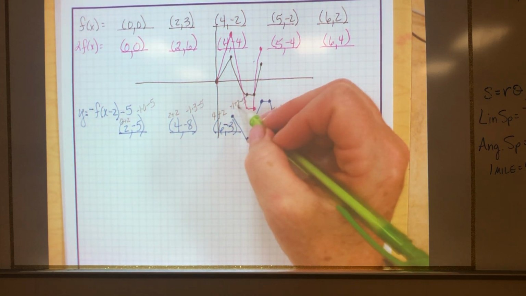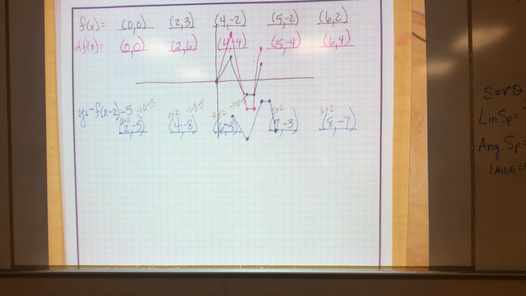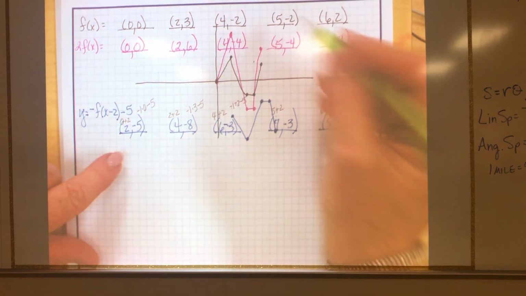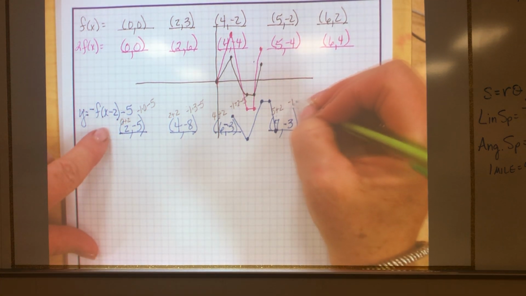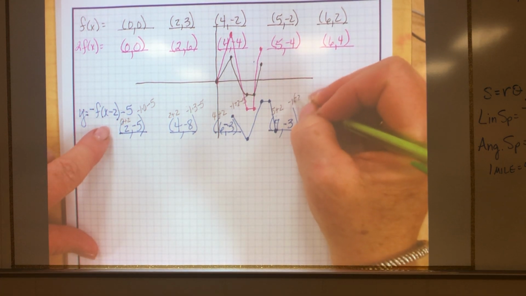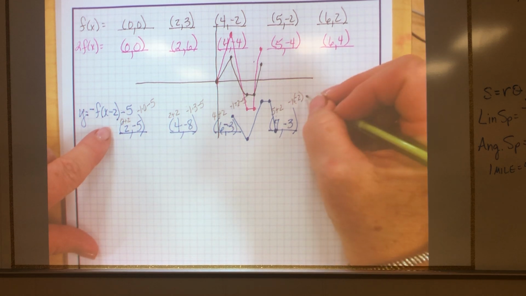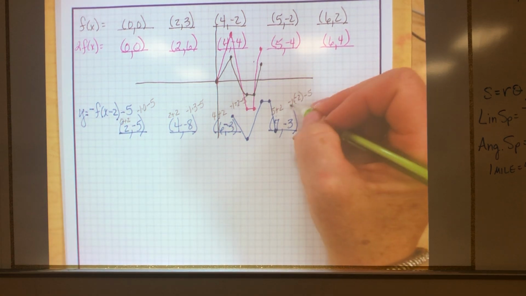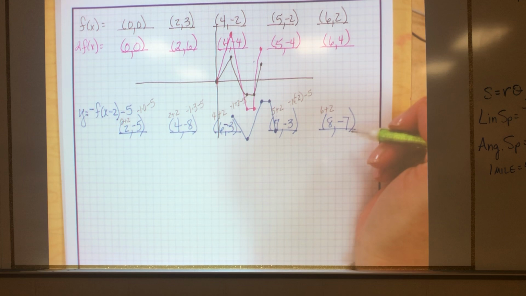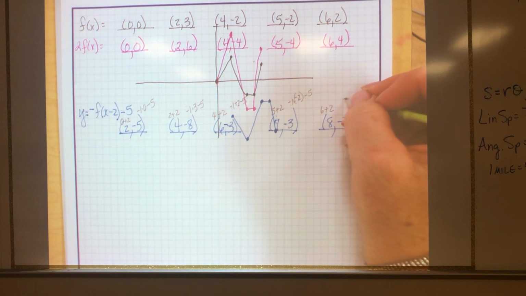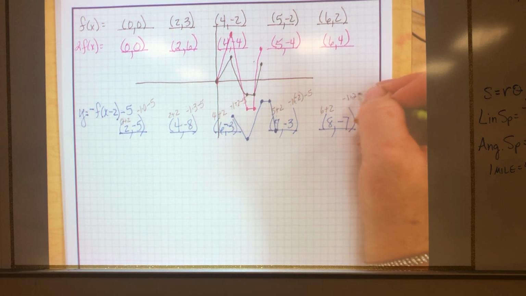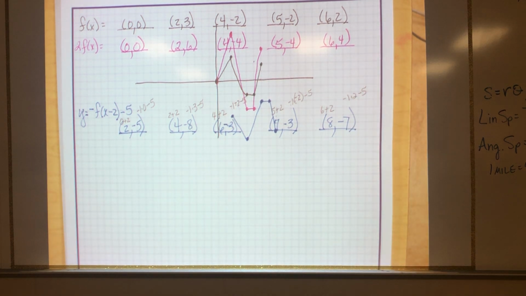Negative 1 times negative 2 is a positive 2, and then 2 minus 5 is negative 3. Same thing for the next one. Negative 1 times negative 2, you might want to put that in parentheses, and then minus 5. That's a positive 2, and 2 minus 5 is negative 3. The last one, negative 1 times 2 minus 5, that's a negative 2 and a negative 5, and that is a negative 7.